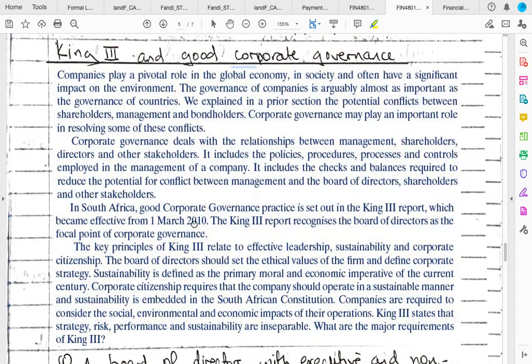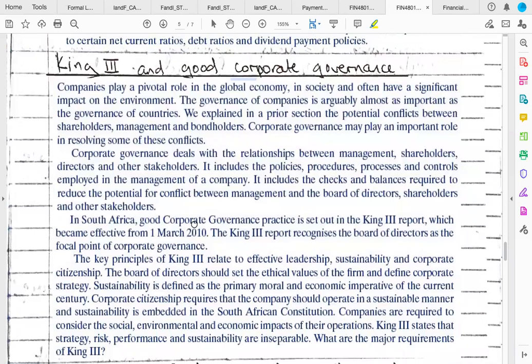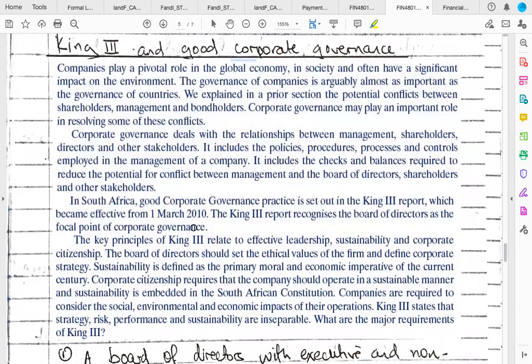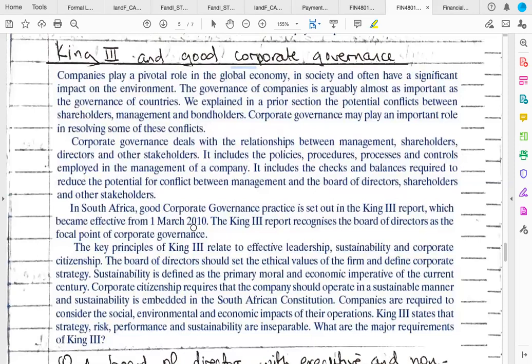So that's important. To actually help other stakeholders, and to make sure that in a company management doesn't just look out for itself and for its shareholders.